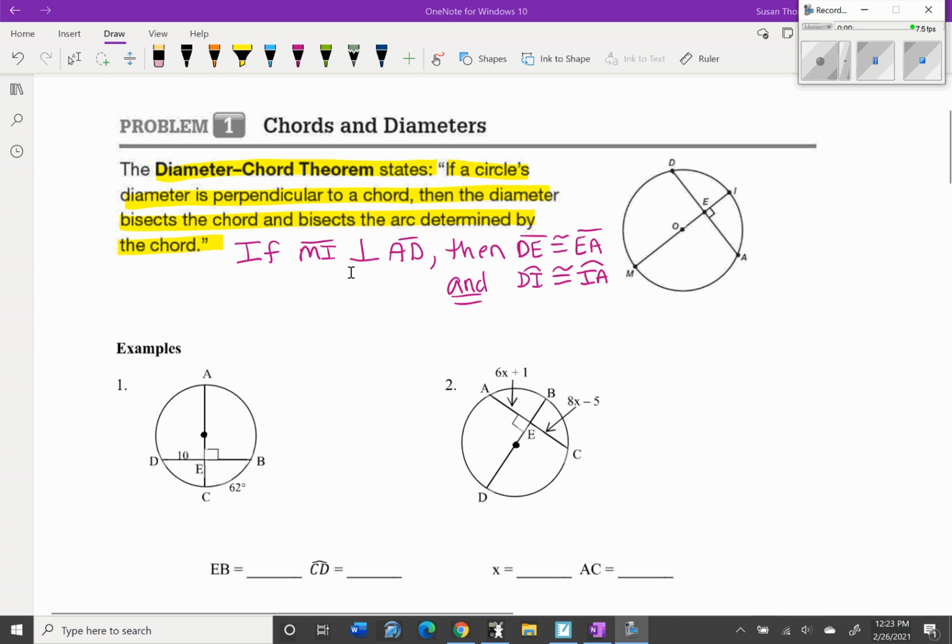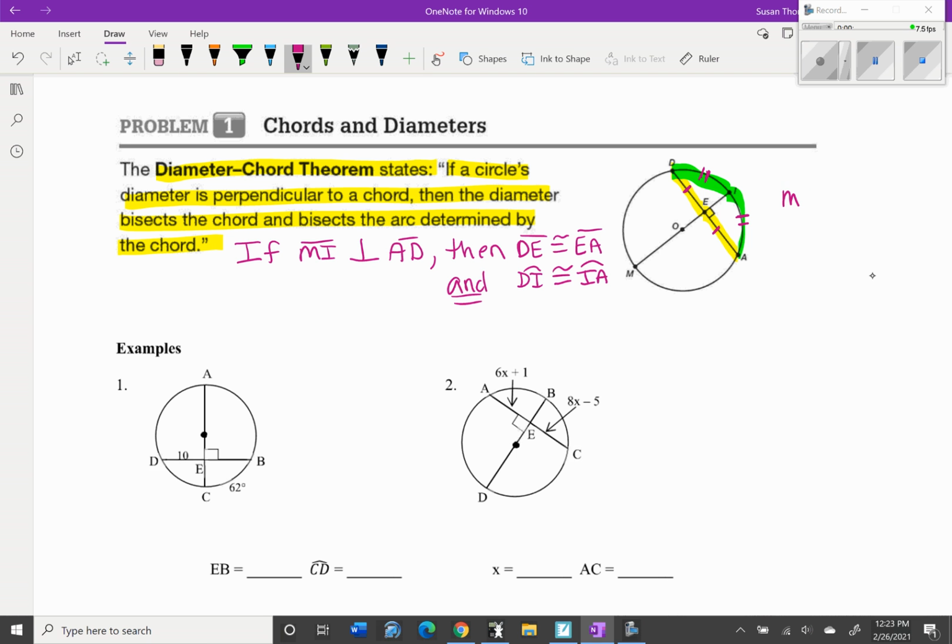So if MI is perpendicular to AD, as you can see that right angle mark right there, then that means that DE is congruent to EA, so again this length here is congruent to this length, and arc DI is congruent to arc IA, which would be this side, so this arc length is equal to this arc length over here.